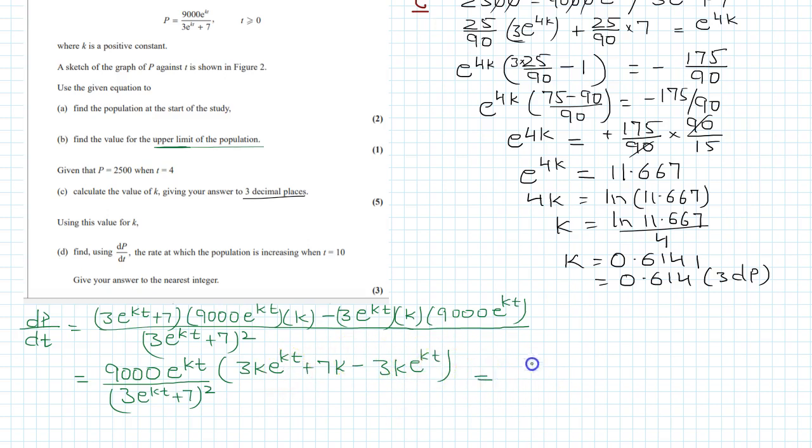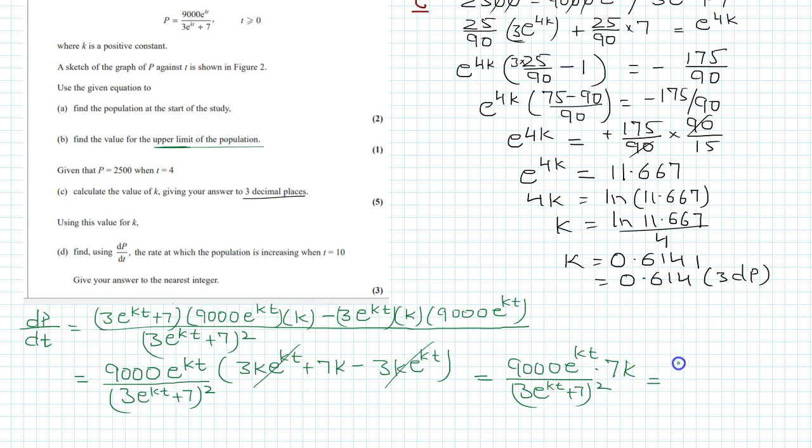So this will be equal to 9000 e to the power kt divided by (3 e to the power kt plus 7) square. 3k e to the power kt minus 3k e to the power kt cancel, so multiply 7k.